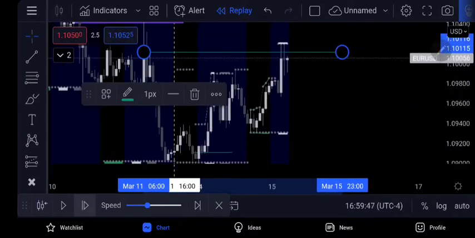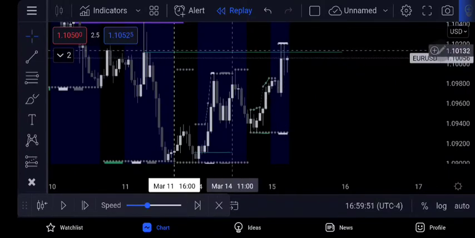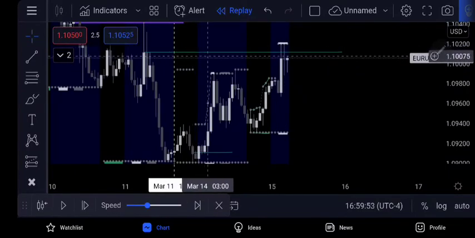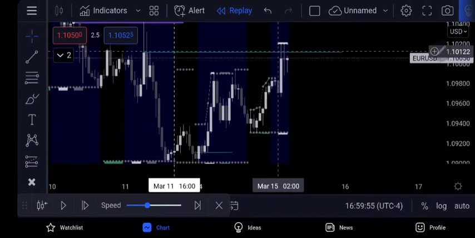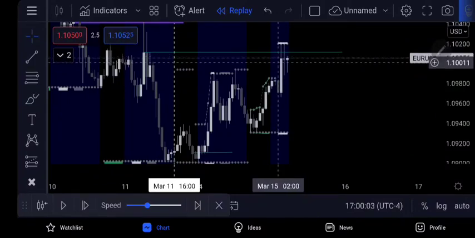Boom, right there. So as y'all can see right here, price takes out the volume of the candle. Right then there, it shows you two signs that price wanted to reverse.